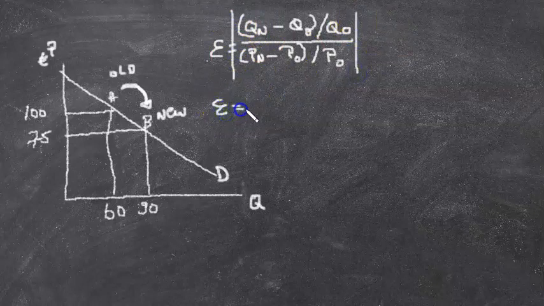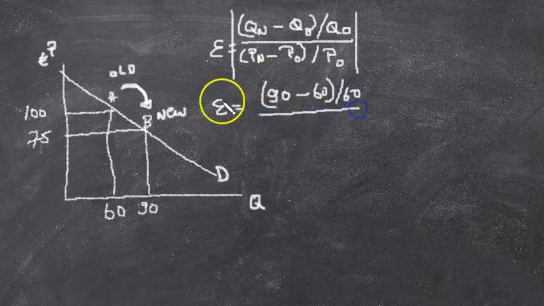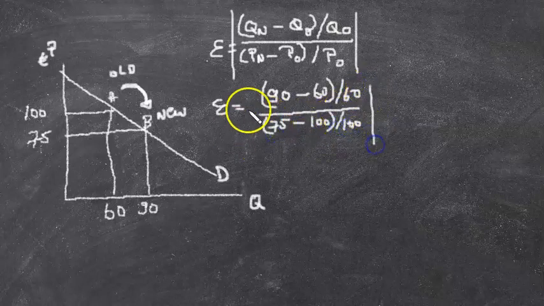So let's do it. The new quantity as we move from A to B is 90. The old quantity is 60, and we divide that by 60. Divided by the new price. The new price is 75. The old price was 100, and we divide this all by 100, and we take the absolute value.